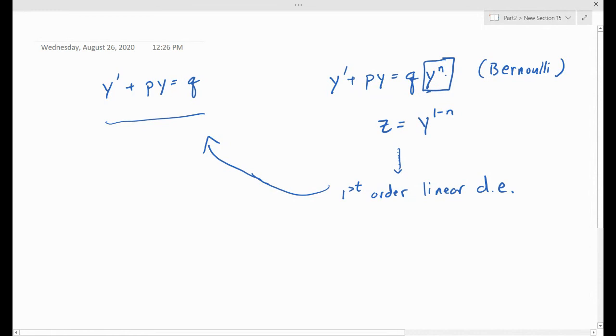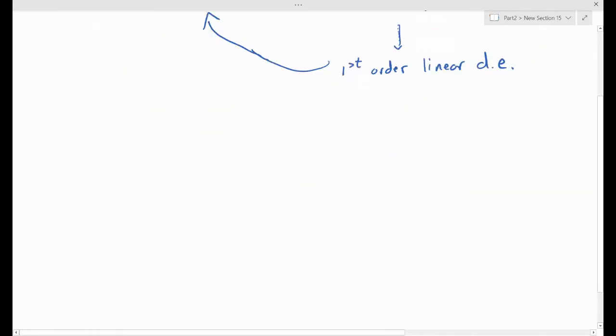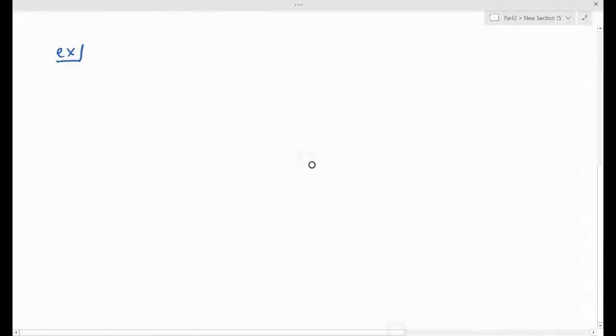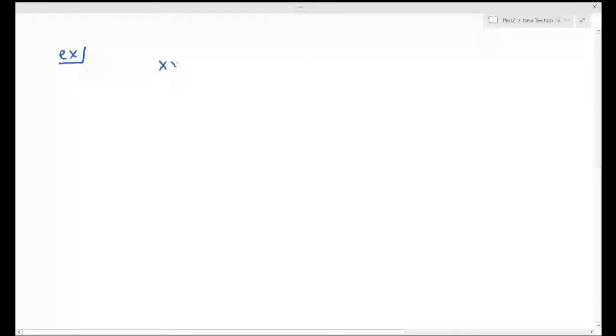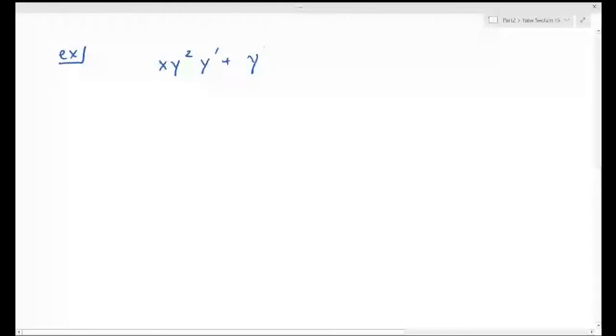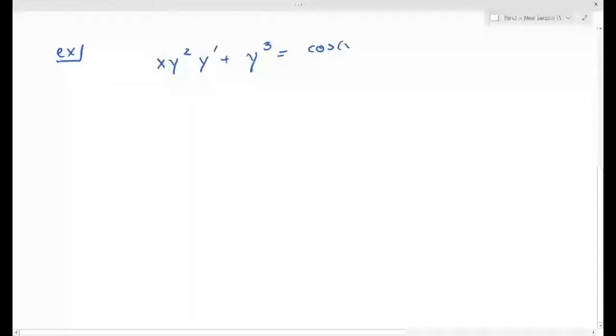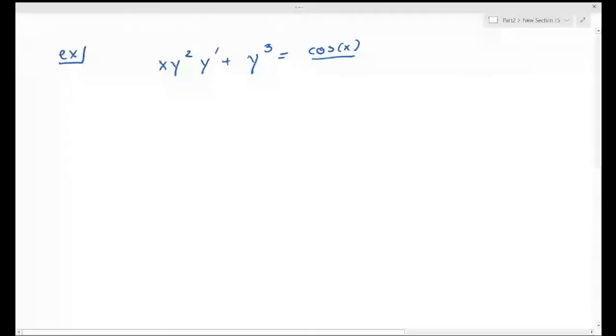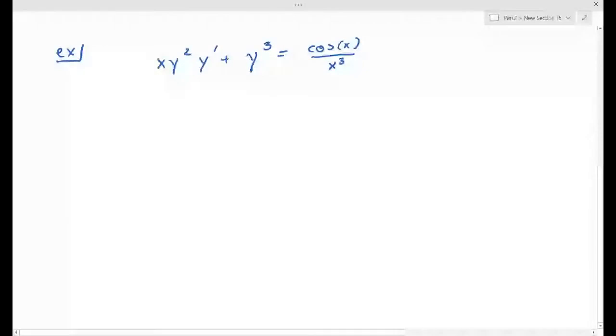So maybe let's look at an example for Bernoulli. So you might have, so that looks complicated, right?